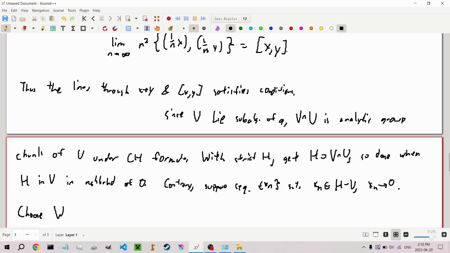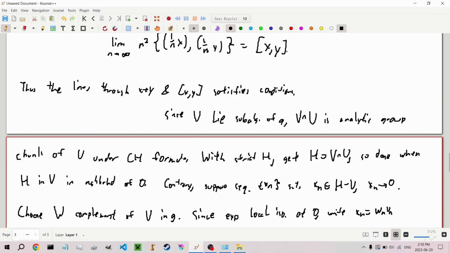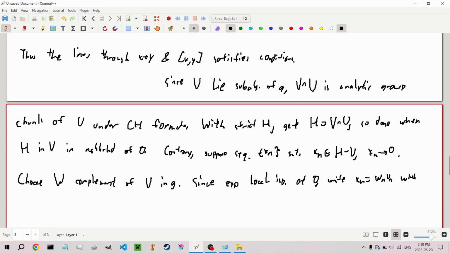Choose W to be a complement of V in G. Since the exponential is a local isomorphism at 0, we can write x_n to be w_n times v_n with w_n in W and v_n in V for sufficiently large n.